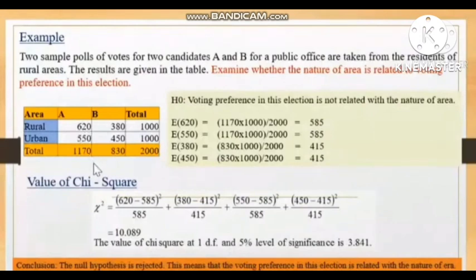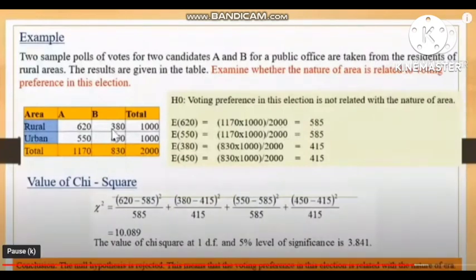How to find expected frequency? You see how simple and interesting it is. Suppose that we have to find the expected frequency for this cell. You just take the row total, 1000, take the column total, 1170, multiply these two and divide by the grand total, 2000. So the expected frequency for this cell, where the observed frequency is 620, is 1170 into 1000 divided by 2000, that is 585.